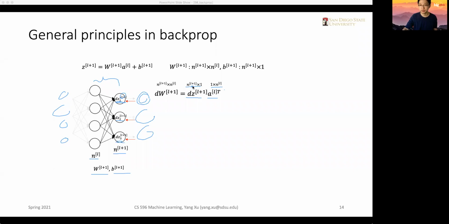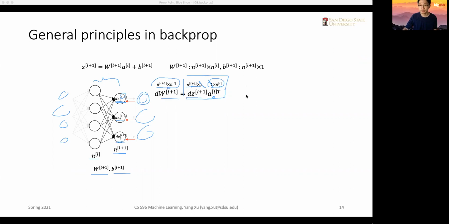It should be NL plus 1 by 1. And AL is from the previous layer. When we transpose it, it becomes a row vector, which has NL columns. The result of this matrix multiplication eliminates the common dimension, and the result will be exactly NL plus 1 by NL, which is the correct dimension.